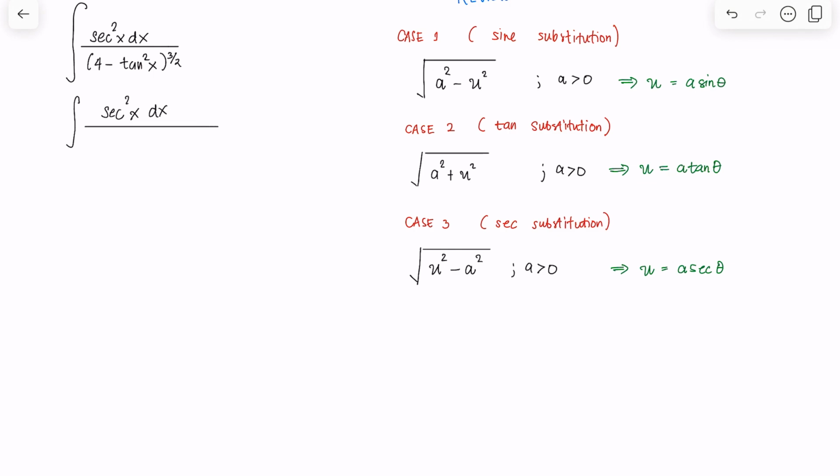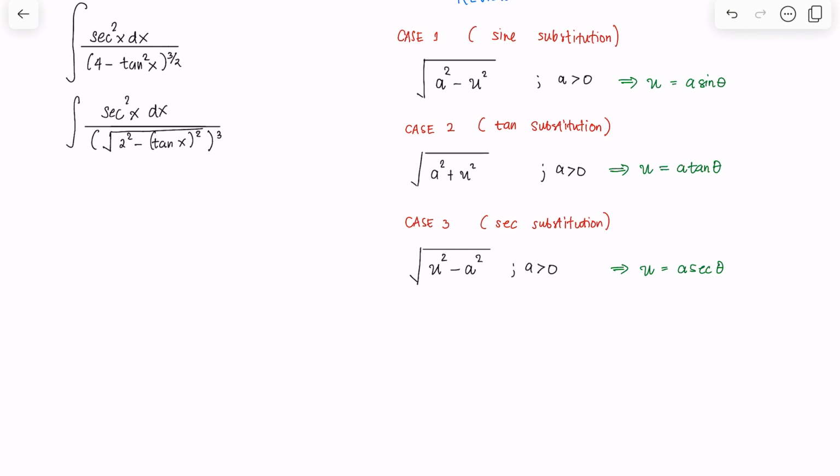But notice that I can rewrite the denominator as the square root of 2 squared minus tan squared x, under this square root, to the power of 3. So basically I was able to express this integral in its equivalent form. Why I did this will become apparent now.